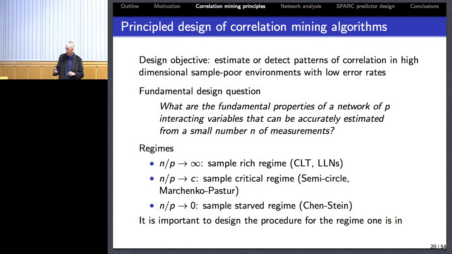And then there's this other regime, which we call the sample-starved regime, where the number of samples is fixed and P goes to infinity. This is what's called the law of small numbers. This is a much less familiar concept to people that have taken statistics classes, even advanced statistics classes.